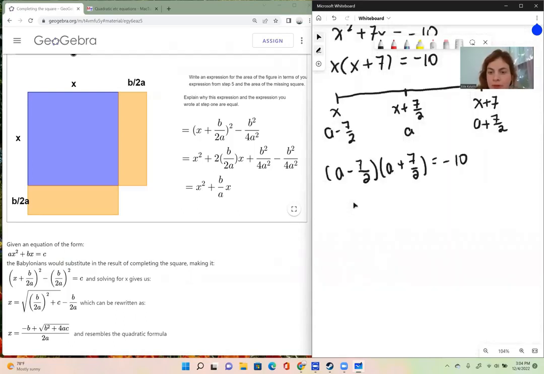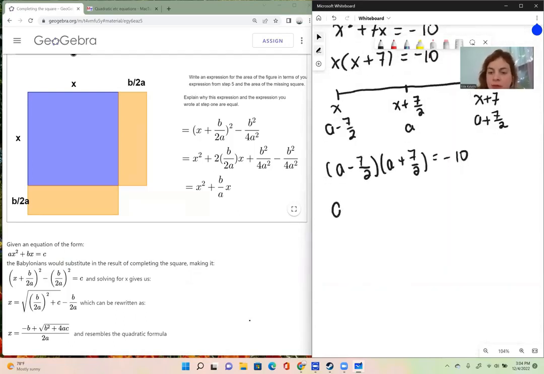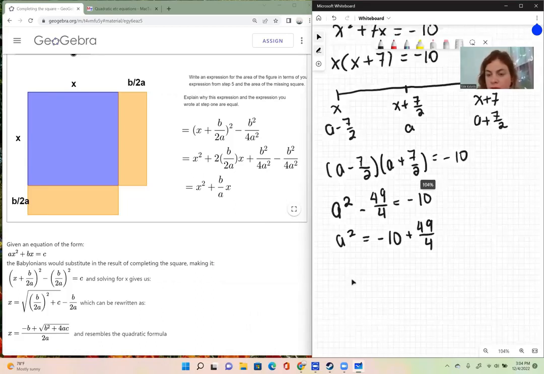Okay, so this would be a squared minus 49 over 4 equals negative 10. A squared equals negative 10 plus 49 over 4.